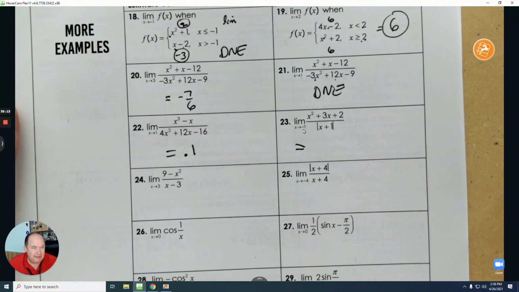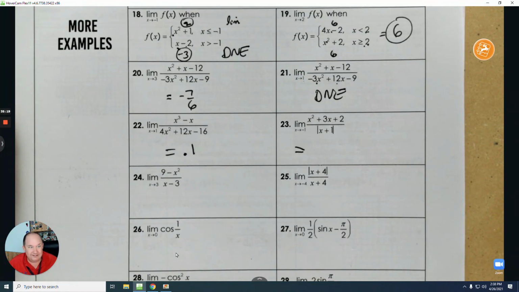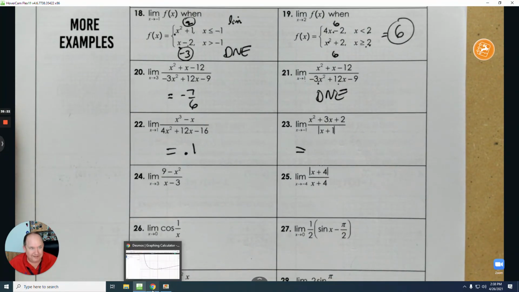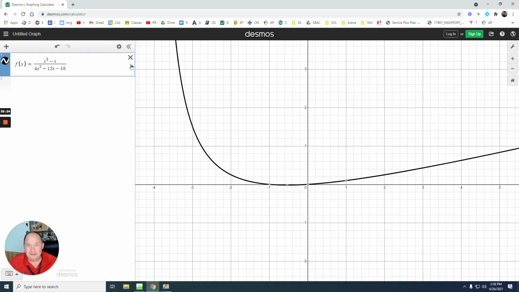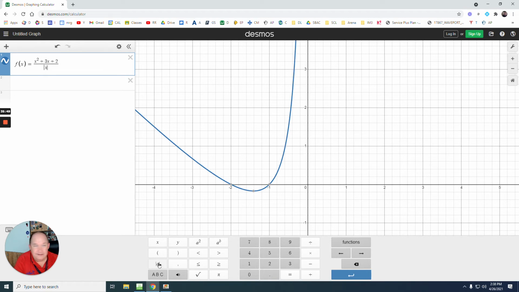23. If I plug -1 in here, it's undefined, it's not continuous. Let's use that one. I can do better. Let's see if I can do this one better. Take my time, make sure I type it in correctly. So f at x equals x squared plus 3x plus 2, and then I need the absolute value bar, x plus 1.